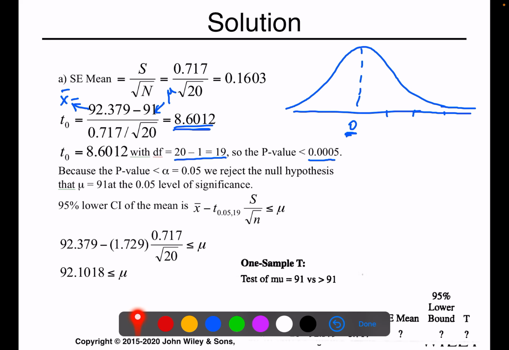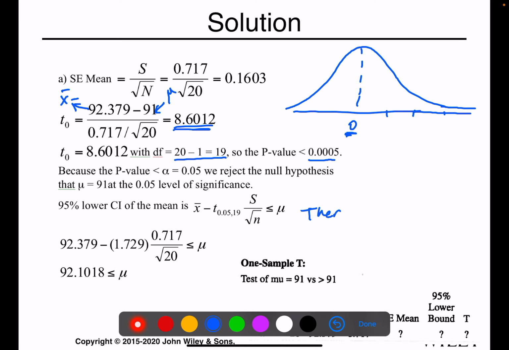So the lower bound would be x bar minus t of 0.05. Remember, since it's a lower bound, we don't divide by 2. So it's t of alpha, and t of alpha with 19 degrees of freedom is 1.72. So the lower bound that we compute is 92.1, right?